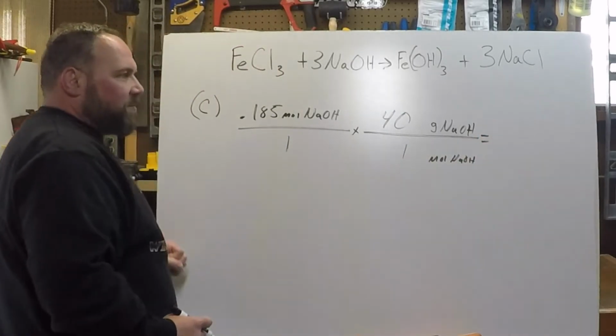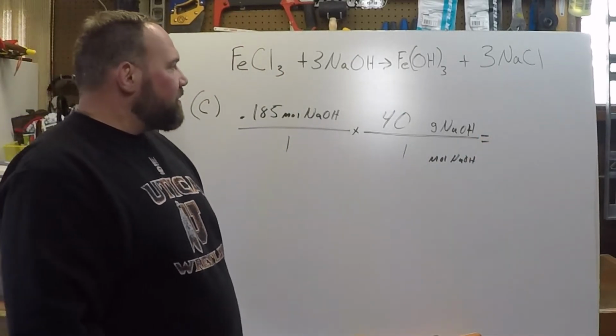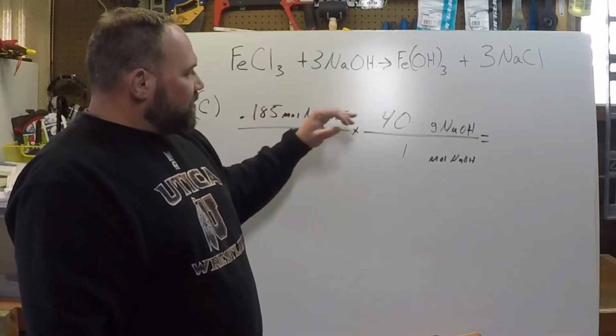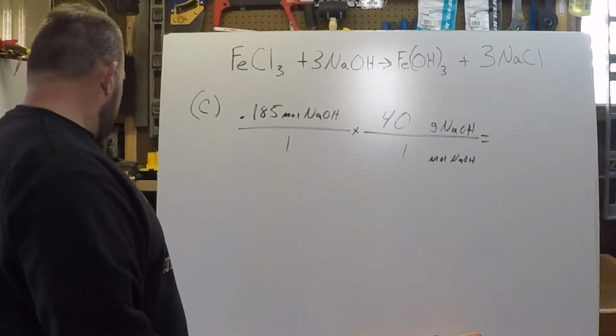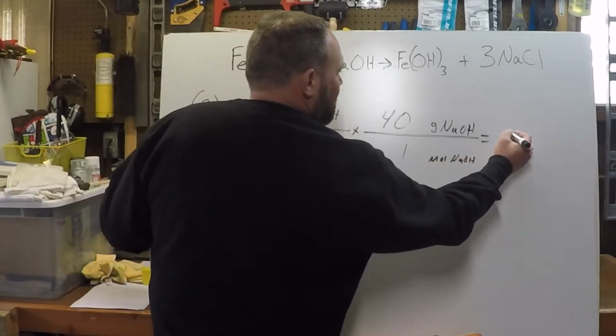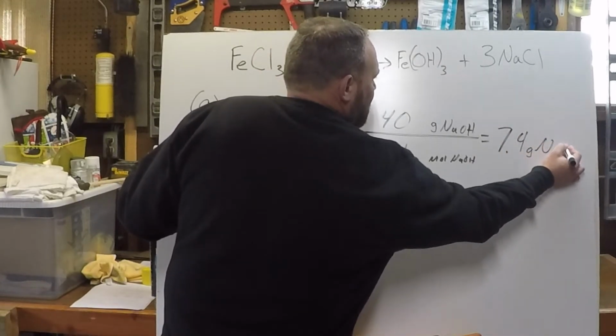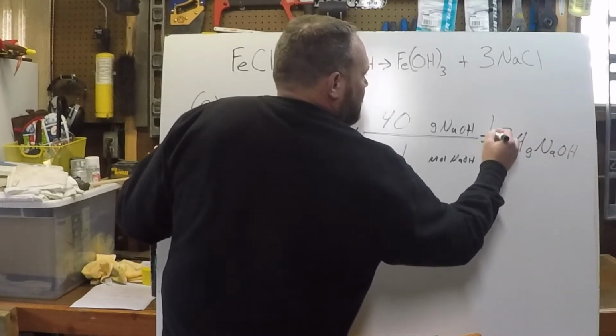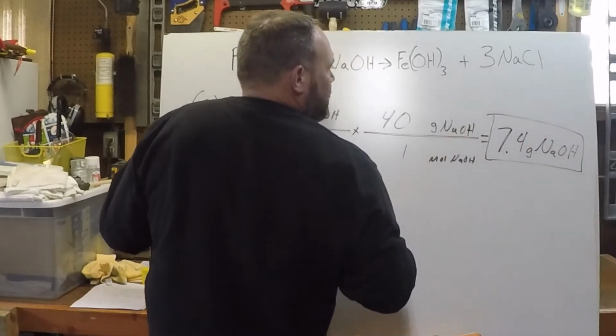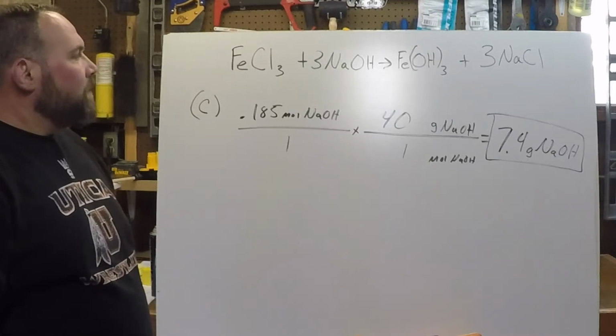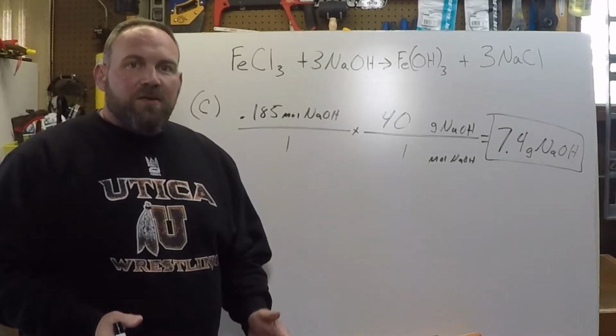I have some things written down just to speed up this process. So this is multiplication here. So 7.4 grams of sodium hydroxide. All right, so that's our final answer, right?